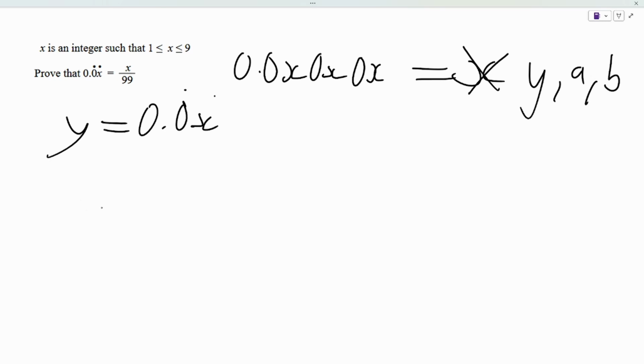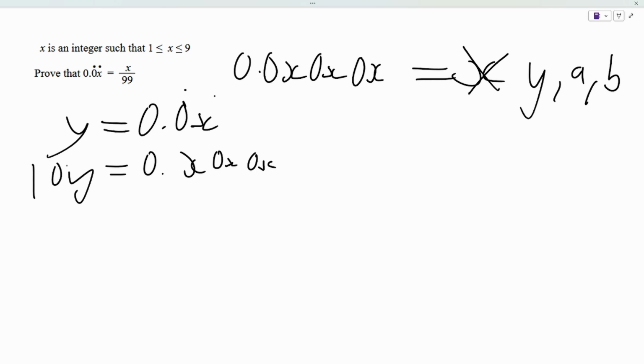So we have this. And again, we want to times y by a factor of 10 so that the recurring decimals then line up, so then we can take it away so that we get a nice whole integer to then make it a fraction, because we can't have decimals in our fraction, right? So if we times it by 10, just for the sake of this question, we'd get 0.x, and then it'd be 0x, 0x, which does not line up with the original one, right?